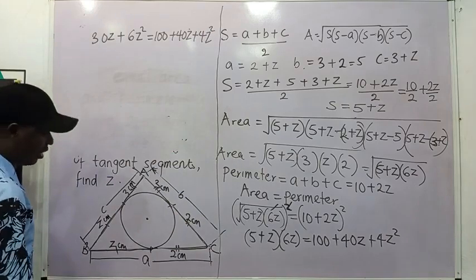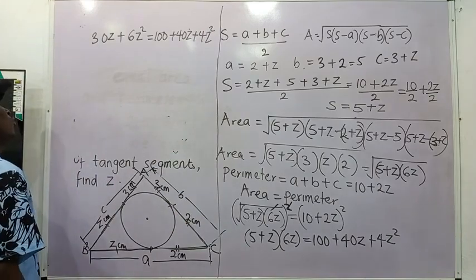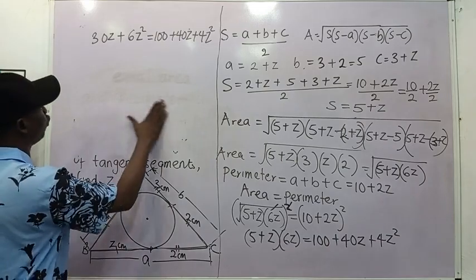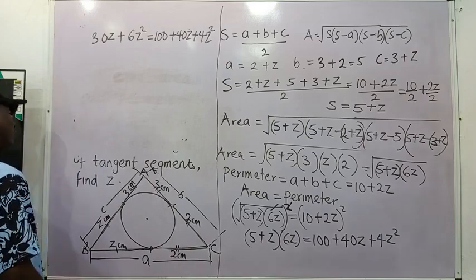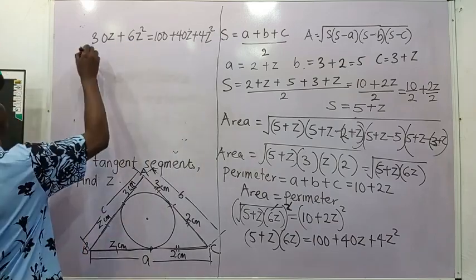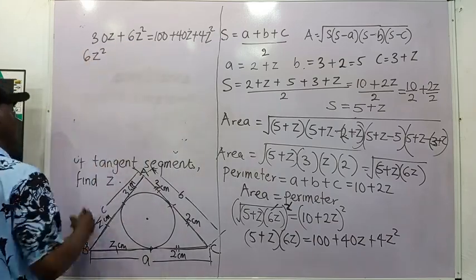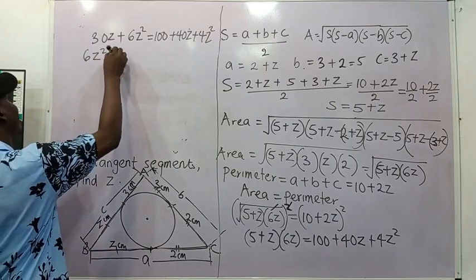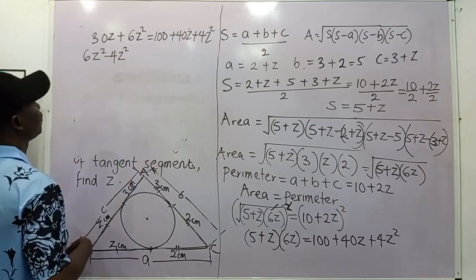Now, what do we do now? What we are going to do is to collect like terms and solve the equation. So when we collect like terms, we want to have it as, let this one cross to this side. We have 6z square minus 4z square is equals to what?